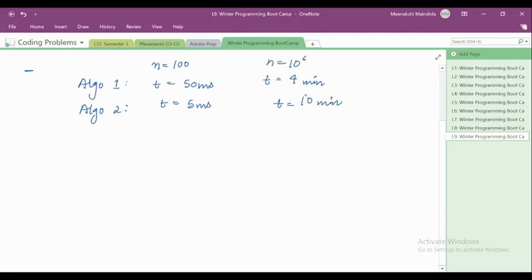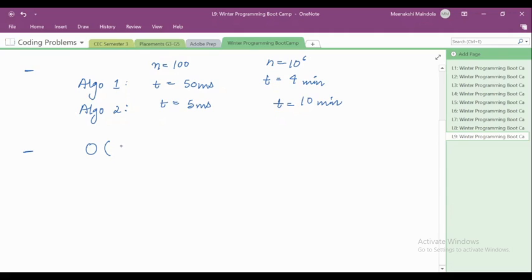So let us understand another thing here. Say for example that you have been given some time complexity.